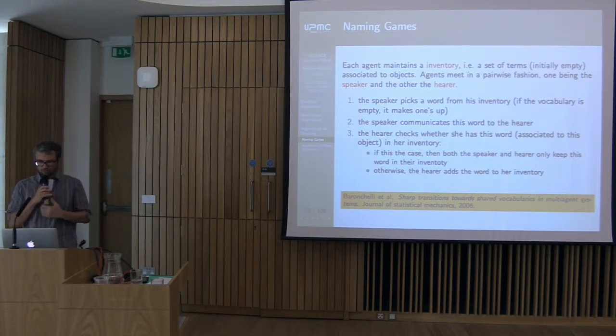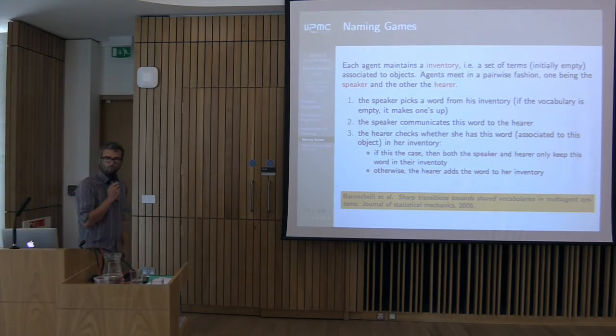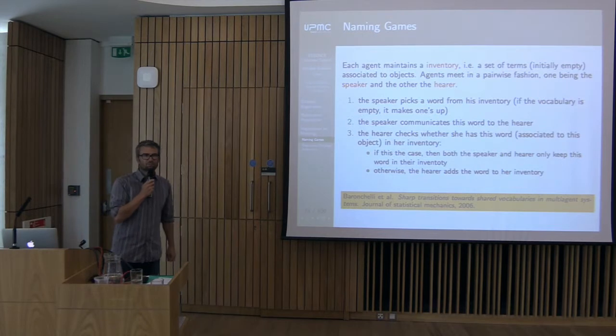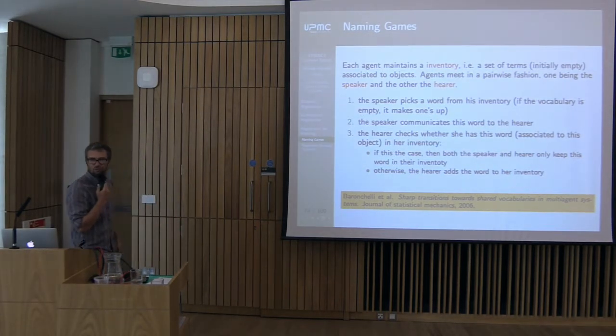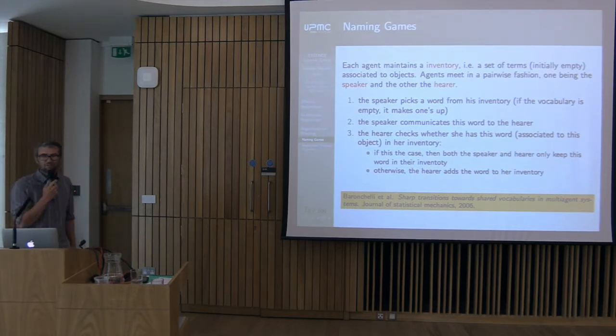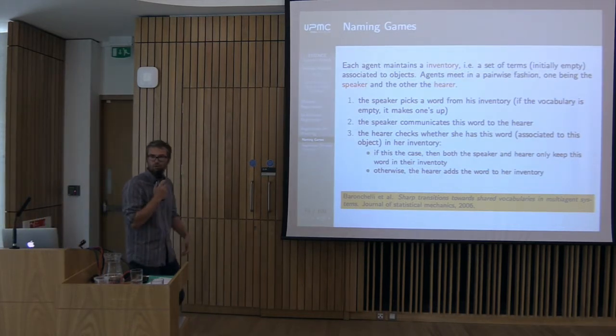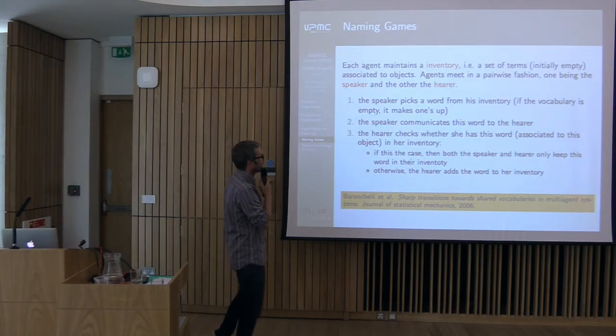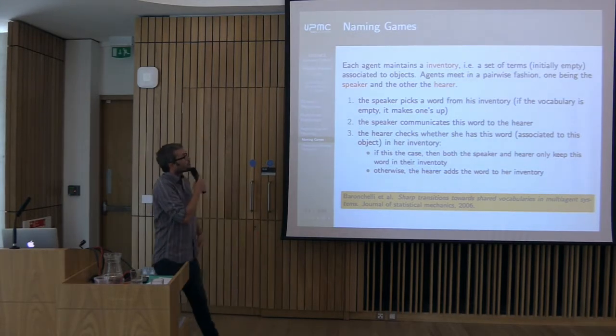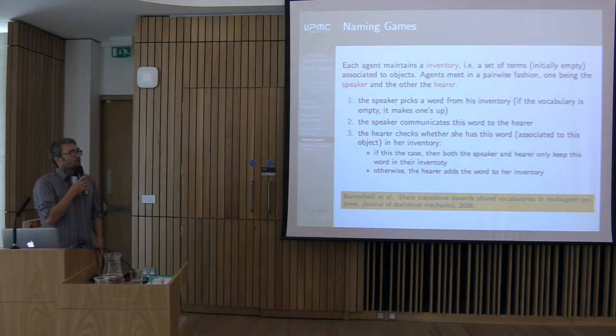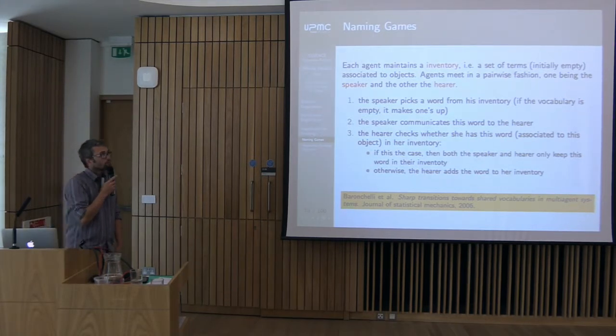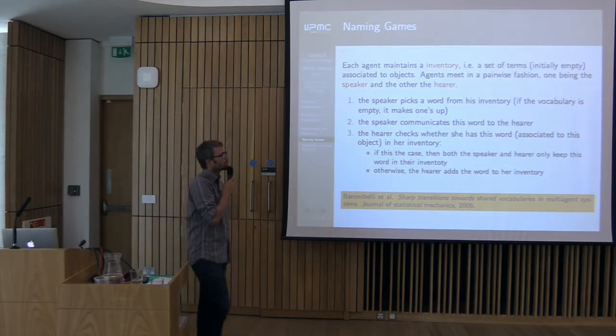So, naming games. Maybe it's completely familiar to many of you, but I'll give the basic rules and show how it's analyzed in the literature. In this game, each agent has an inventory, a set of terms.